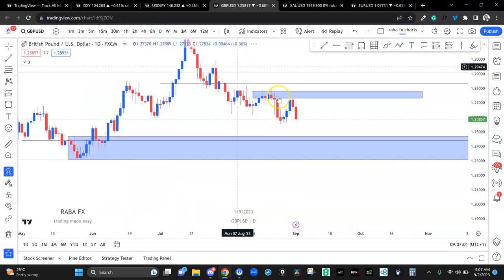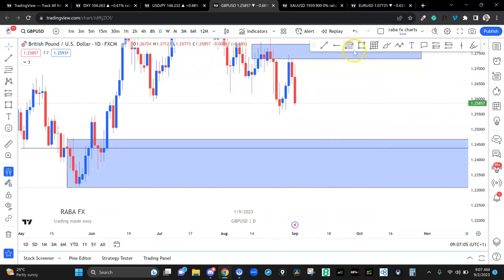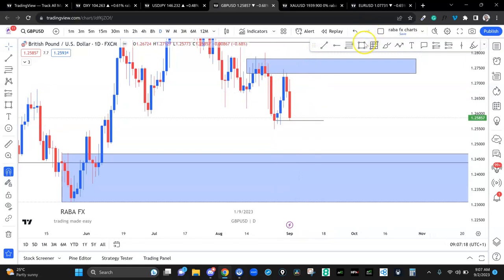Daily, you can see the opening price here, not that strong. Okay, not that strong. Yeah, because it has been tested. So a break of this, we can have a retest here, or you simply wait for price to trade back up here into this zone.